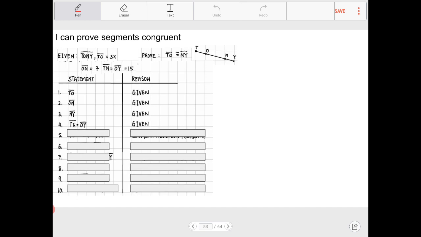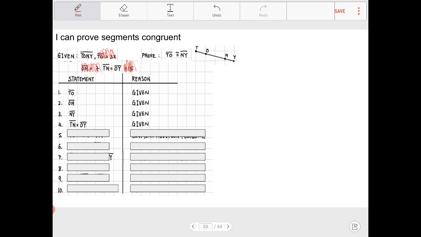The difference is, I'm going to get rid of this, this, and that. The only thing that is given right now is that TN is equal to OY. That's it. Okay? So from there, we need to prove that TO is congruent to NY.